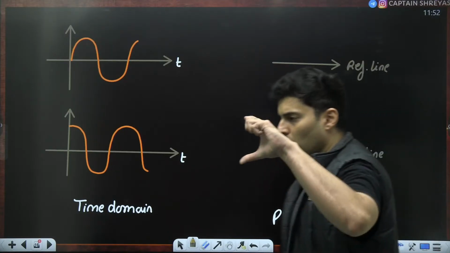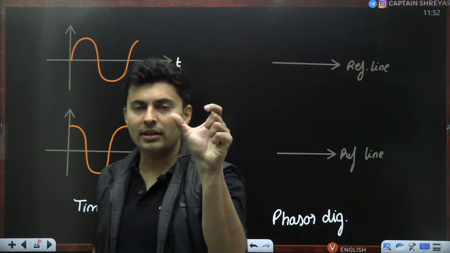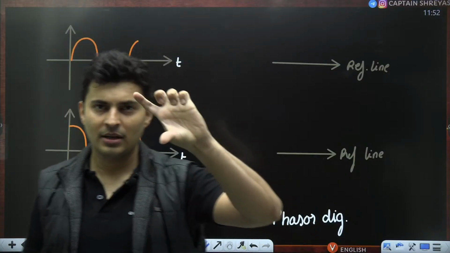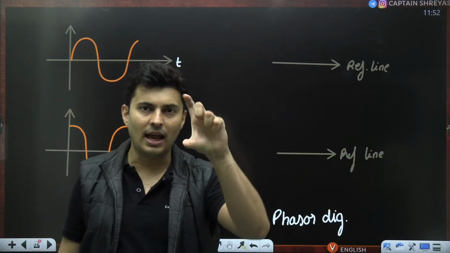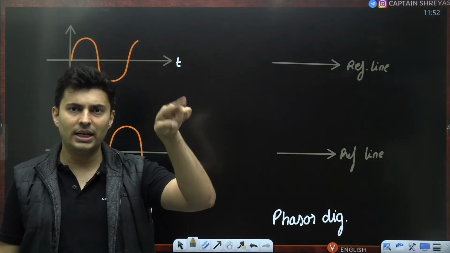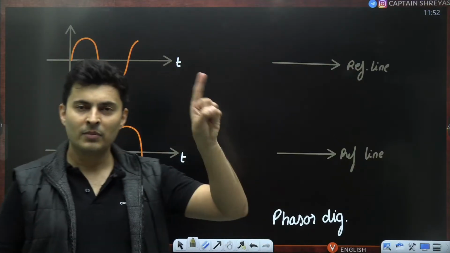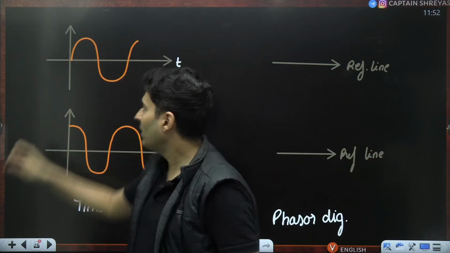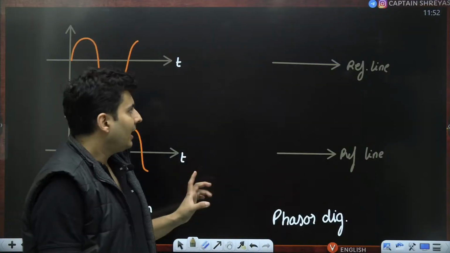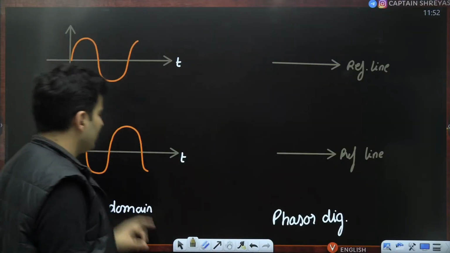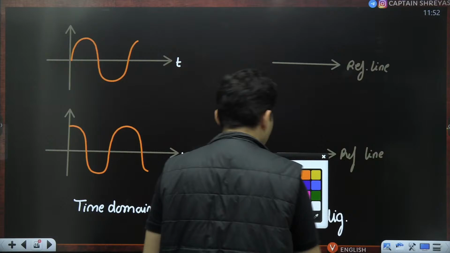And you show a vector-like thing which is called a phasor. It looks like an arrow, a ray, which keeps rotating with the same speed as the oscillation speed, whose length is the same as the amplitude, and whose projection gives me this.